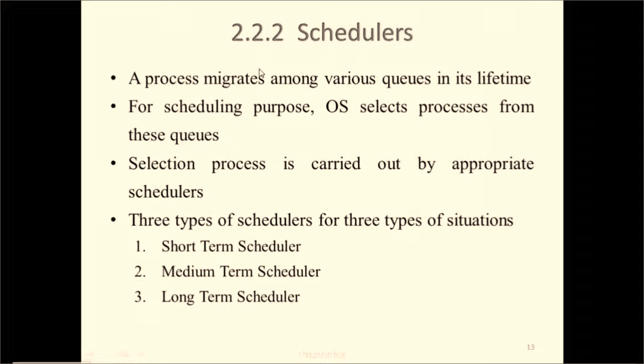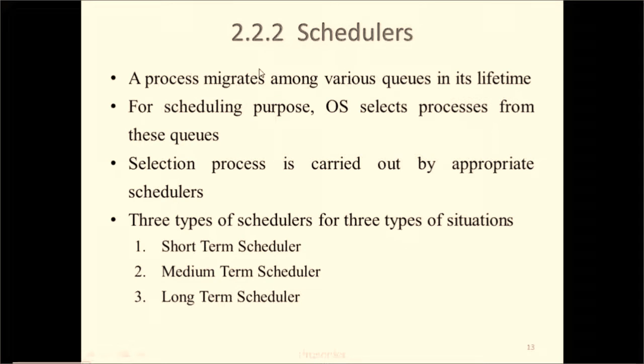All these tasks are done by what are called schedulers. A process migrates among various queues in its lifetime, obviously. So for scheduling purposes, the operating system selects processes from these queues. The selection process is carried out by appropriate schedulers.